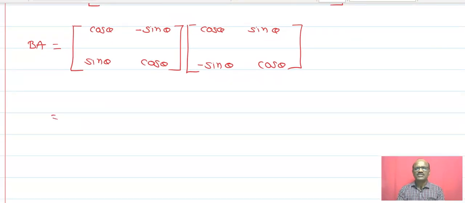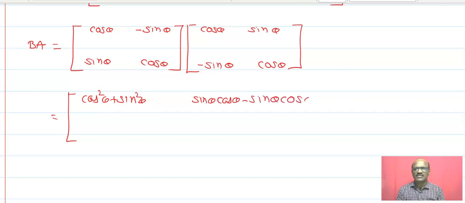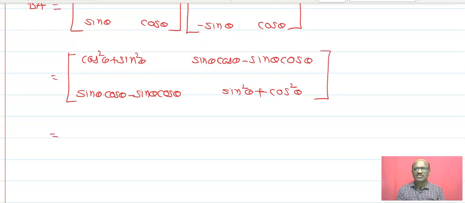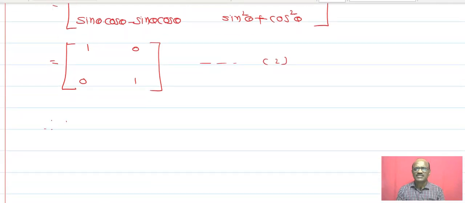Now their multiplication is cos square theta plus sin square theta, sin theta into cos theta minus sin theta into cos theta, sin theta into cos theta minus sin theta into cos theta, and last is sin square theta plus cos square theta, and we get 1 0 0 1, and AB is also this, as in the second one.